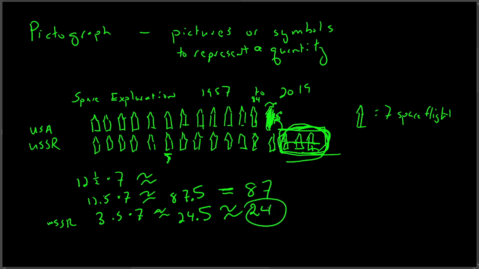And the USSR had 24 more space flights. And so pictographs are a good way of taking quantity and turning it into something that covers space. And that's going to be something we're going to see with all the graphs that we do, is that we'll turn quantity into something that covers space, and we'll let our intuition on what covers more space be our guiding line.